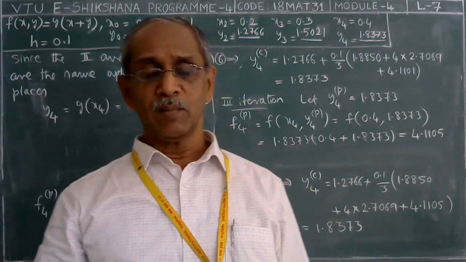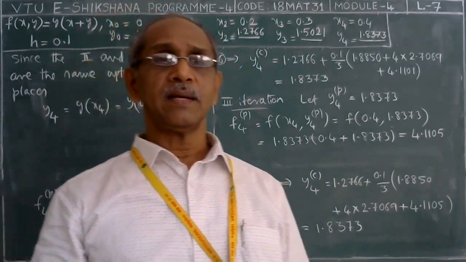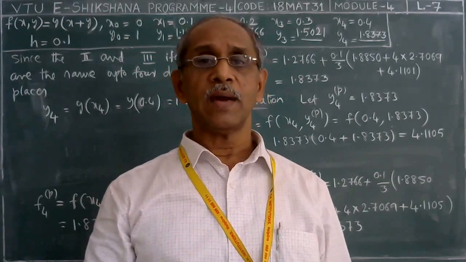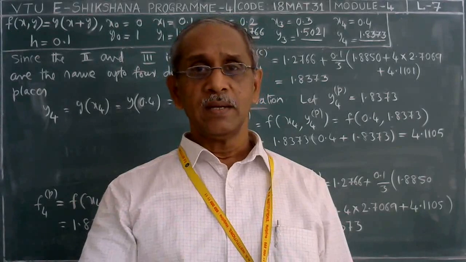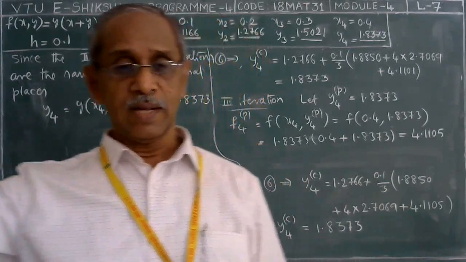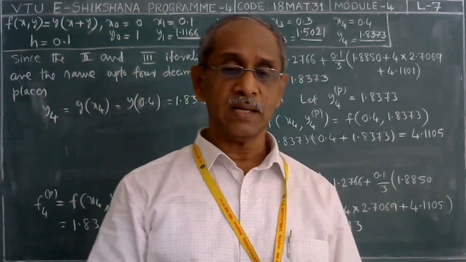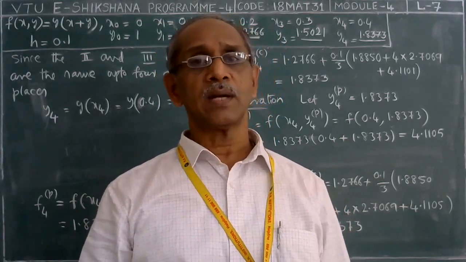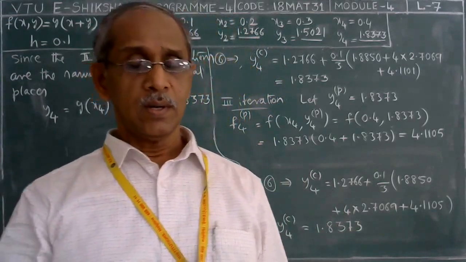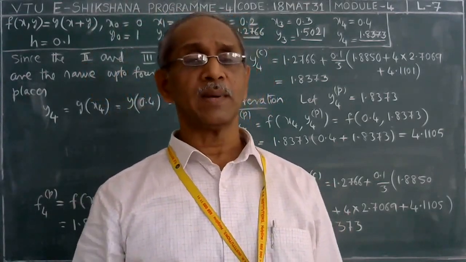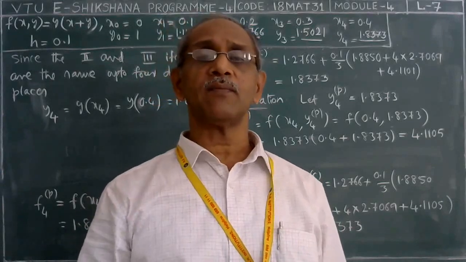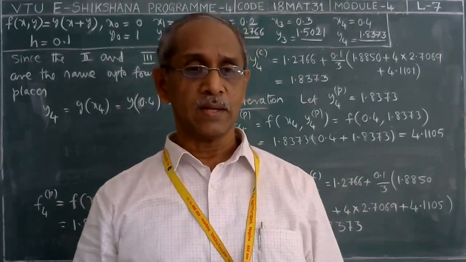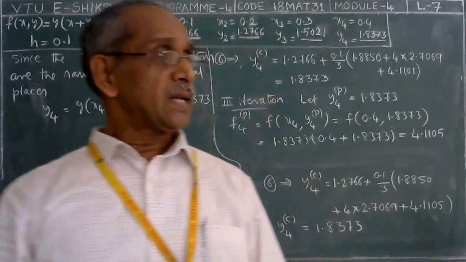So normally they mention the method which is to be employed to find those required values of y for the given values of x. If Taylor series is mentioned, you have to apply Taylor series method. If Runge-Kutta method of fourth order is mentioned, you have to apply that to obtain those values, or if the method is specified as modified Euler's method, then you have to apply modified Euler's method to compute those values. Okay.